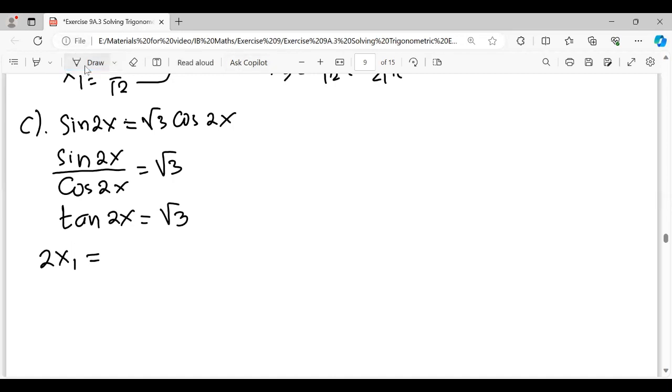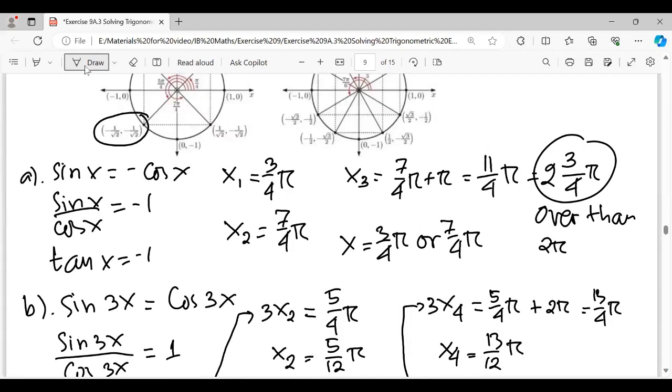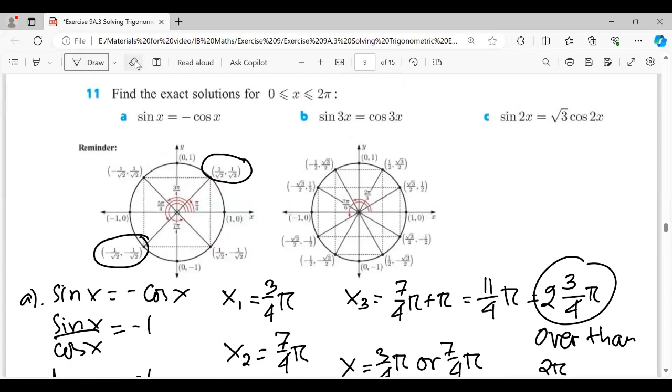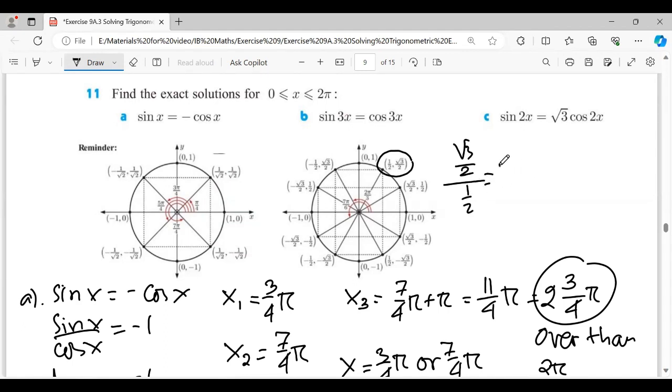Okay, I'm going to check the diagram, tangent. Square root 3 tangent is by this one. Why? Because if square root 3 over 2 over half, it becomes square root 3 over 2 times 2 over 1, square root 3.